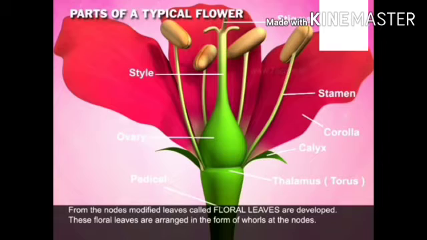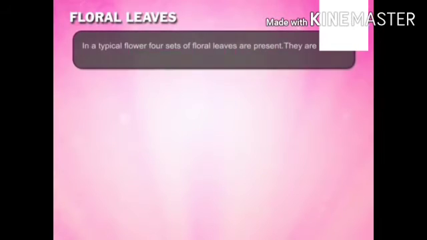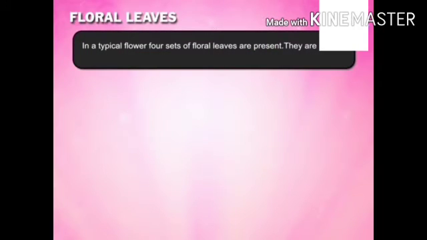From the nodes, modified leaves called floral leaves are developed. These floral leaves are arranged in the form of whorls at the nodes.